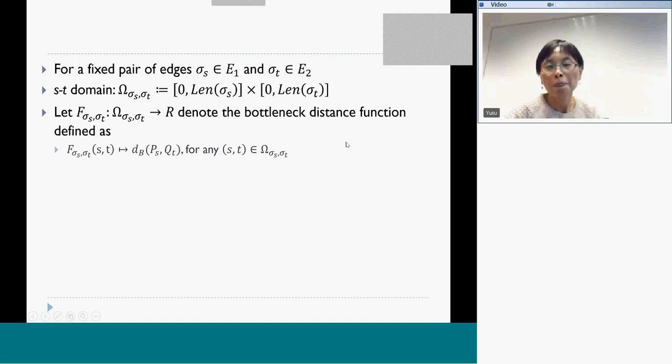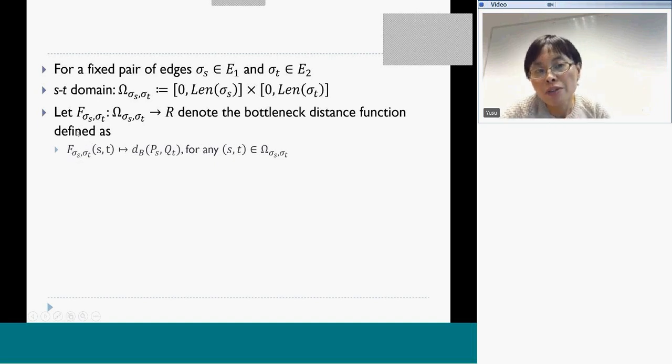Precisely, let's take a pair of edges, sigma S from the first graph G1 and sigma T from the edge set of the second graph G2, and let the base points move in sigma S and sigma T respectively. Now the position of the base points can be parameterized by a point in this ST domain, omega. Every point in this domain corresponds to a pair of base points S in sigma S and T in sigma T. I'm going to use this function F. You can ignore all the subscripts; I don't know why I put them there.